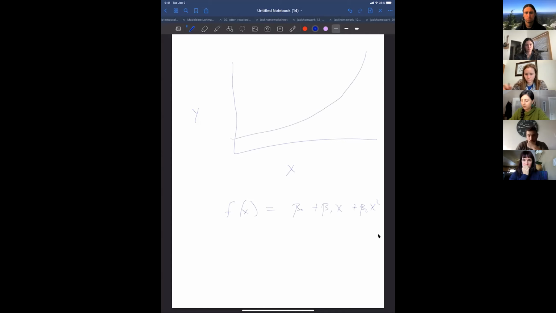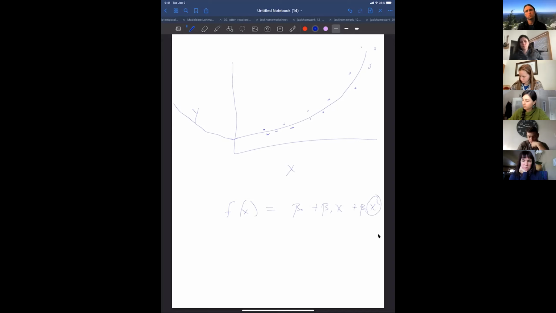So we have a higher order polynomial that gives us this parabola here. And it allows us to have some nonlinear relationships in the data. Allows us to model this bend in the data because we have this polynomial here.